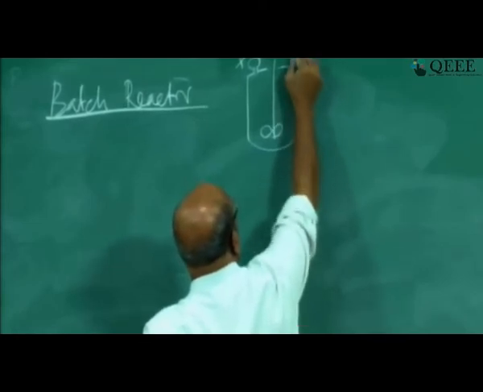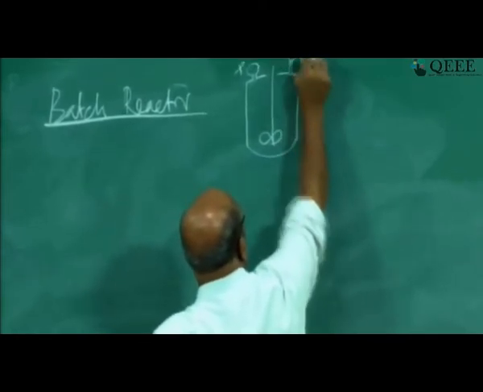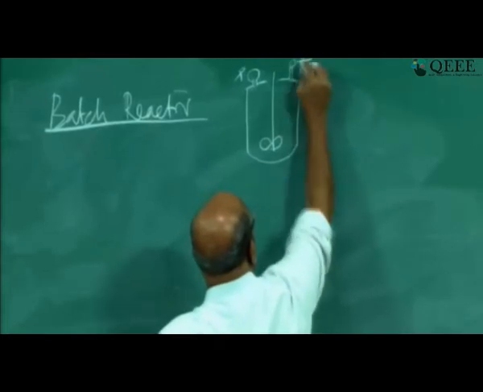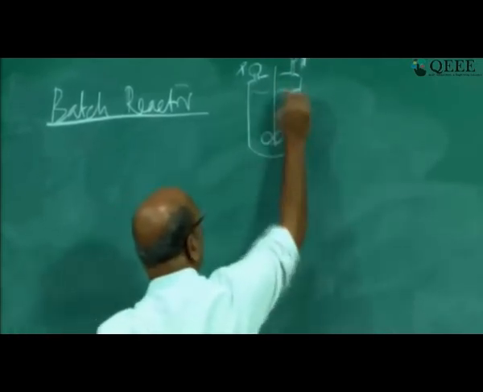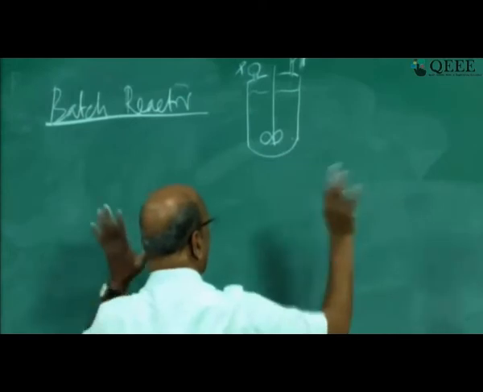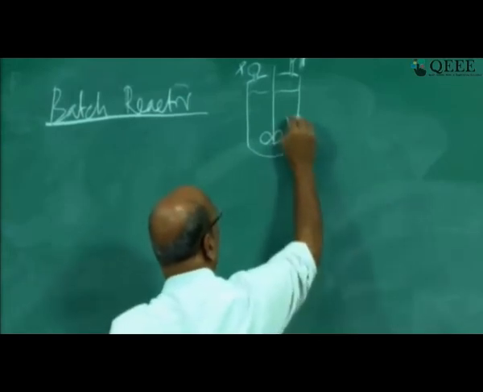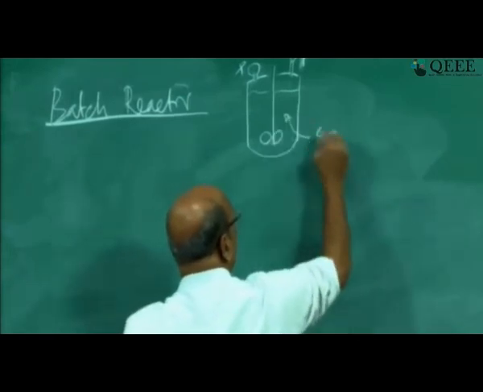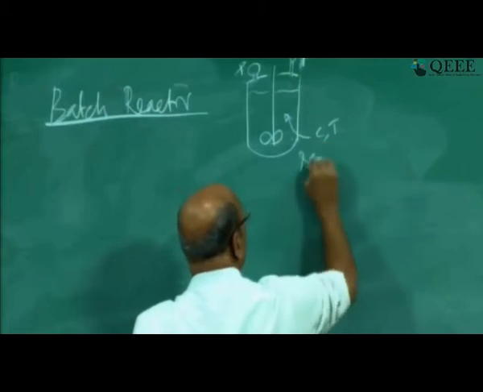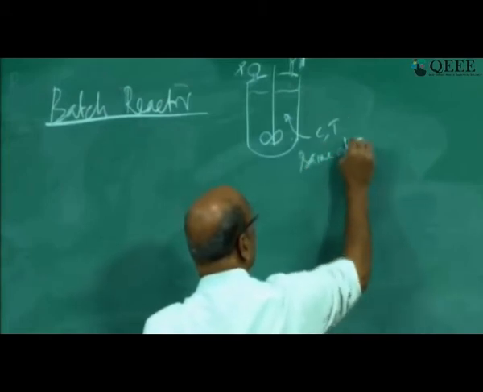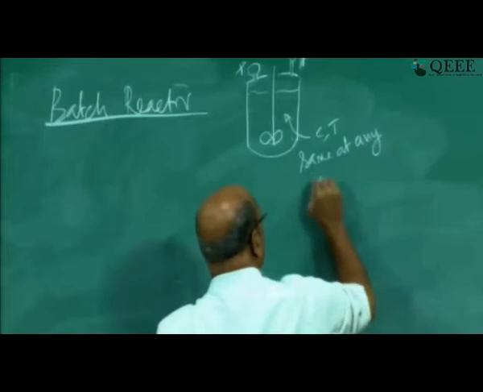Here you may have a temperature measurement. So this is stirring, and at any instant of time, an ideal batch reactor will have the same concentration and temperature at any instant of time.